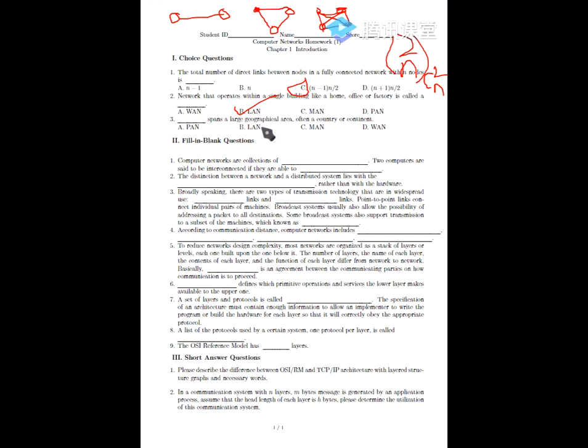Then question three: which one spans a large geographical area, often a country or continent?